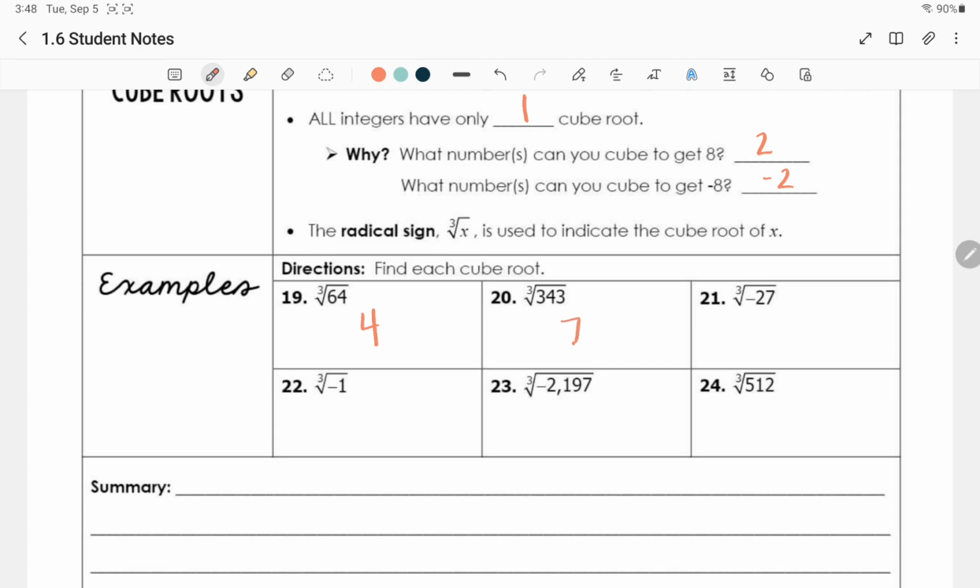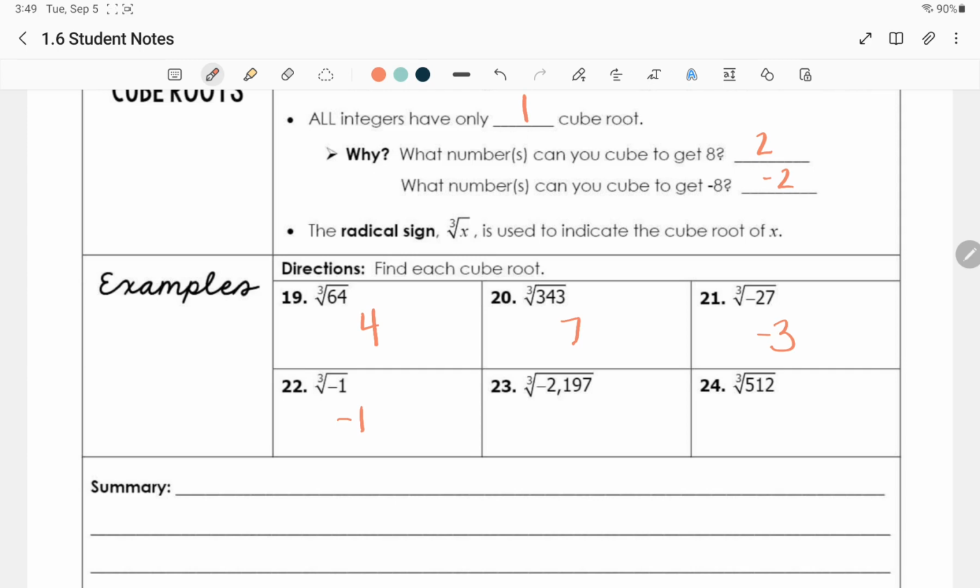Uh-oh. And if we're looking for the cube root of negative 27, we're not supposed to have those negative signs underneath there. But yes, there is one. We need negative 3 because it's cubed. That's 3 times 3 times 3. And then negative 1, cube root would be 1.